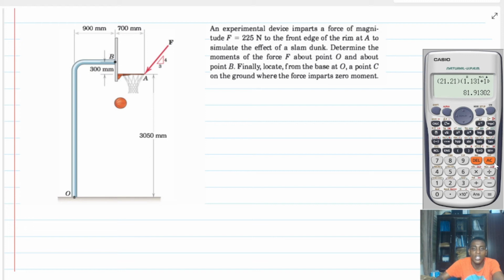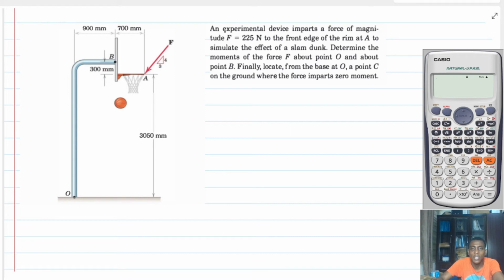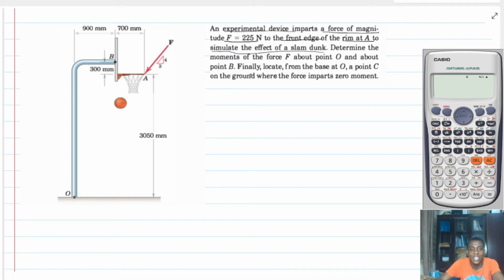In this problem, we are saying that an experimental device imparts a force of magnitude F equals 225 newtons to the front edge of the rim at A to simulate the effect of a slam dunk. So, like I said, our friends in basketball will understand this problem.